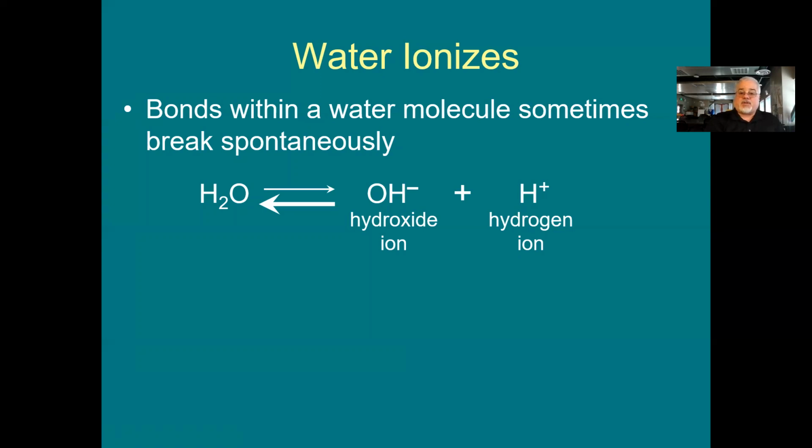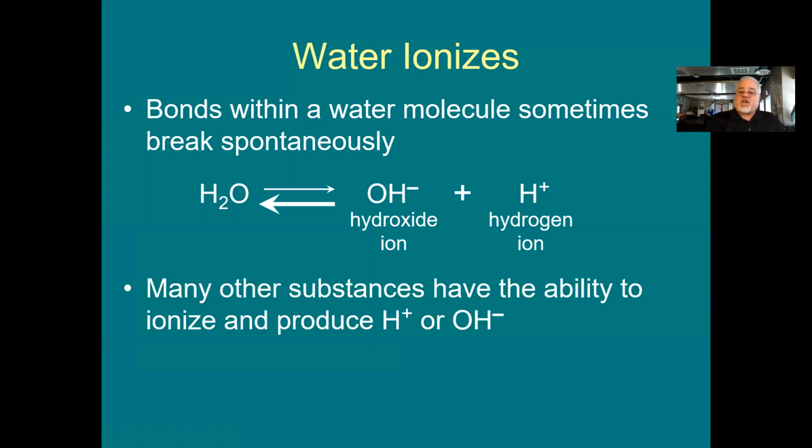It just happens. But it's not just water that can do this. Many substances have the ability to ionize, and in the process of ionizing, becoming an ion or a pair of ions, they can generate either hydrogen ions or hydroxide ions.